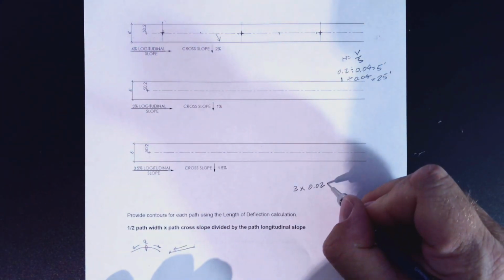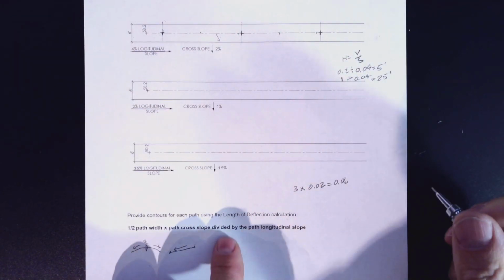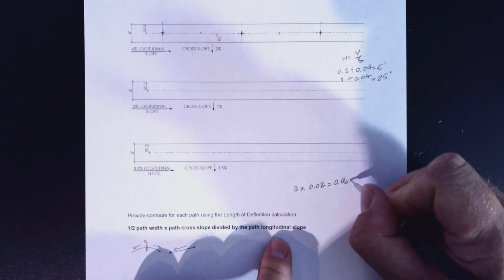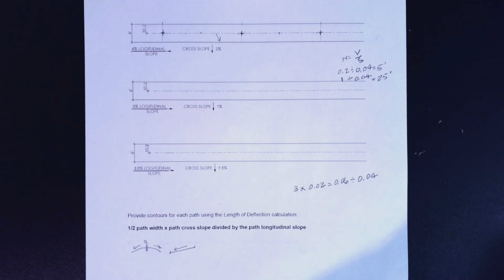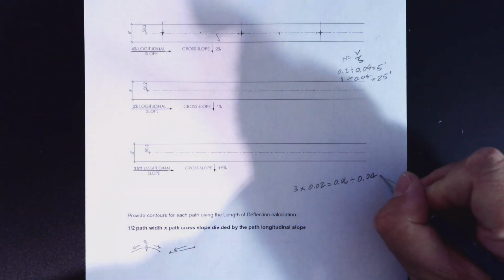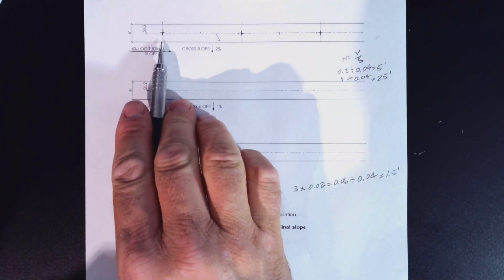That equals 3 times 0.02 equals 0.06, and then divide that by the path longitudinal slope, which is 0.04. So you go 0.06 divided by 0.04 equals 1.5 feet. So what that's telling you is that this line is going perpendicular to your path.